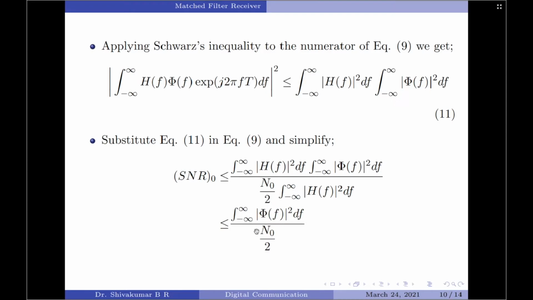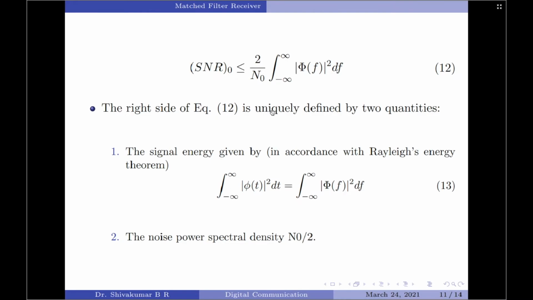Let us now rewrite this equation by taking the denominator to the numerator as SNR output is less than or equal to 2 by n0 multiplied by integral minus infinity to plus infinity magnitude square of phi of f df. Right. This is the final expression for the output signal to noise ratio of the linear filter considered.